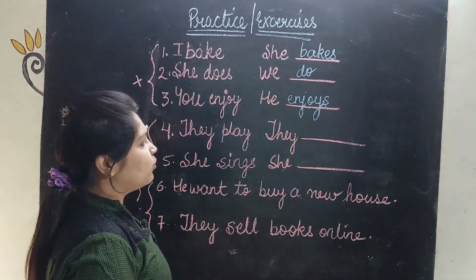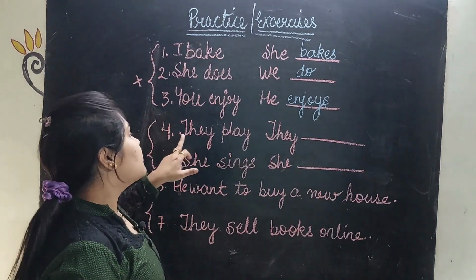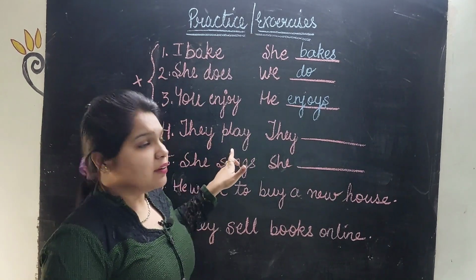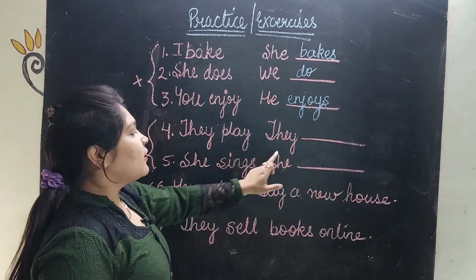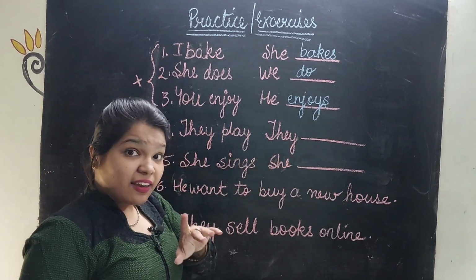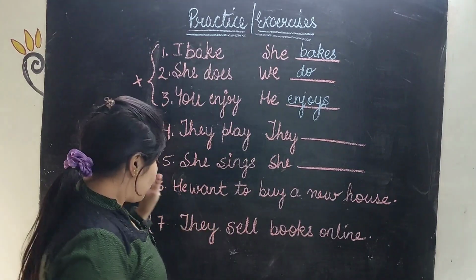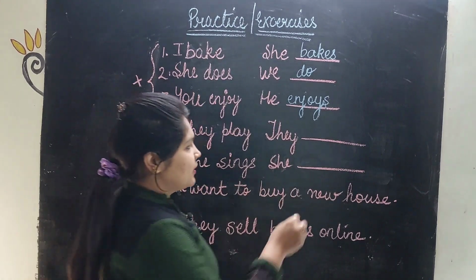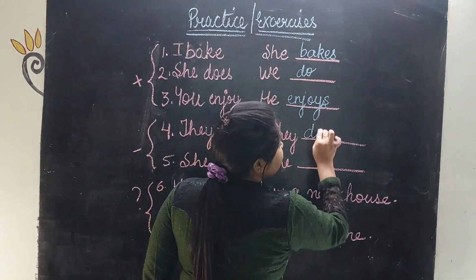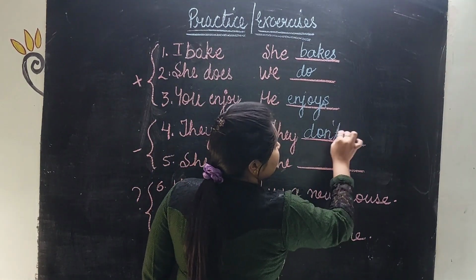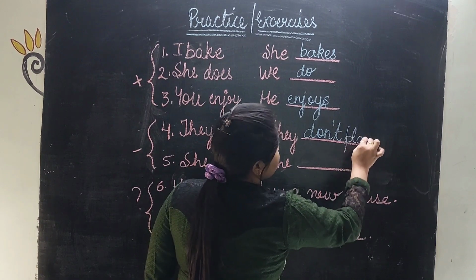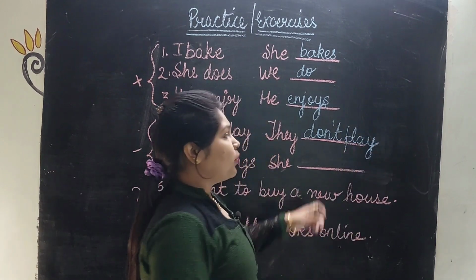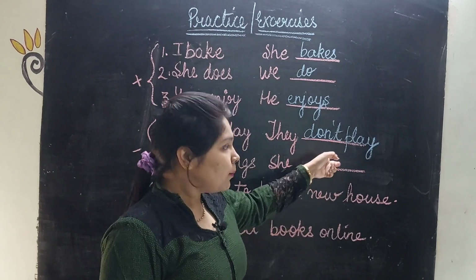Now let's move to the negative sentence. They play. Now what will you write here? Does or do? What will be the answer? They don't play. This is the short form. If you want to write the full form, they do not play.